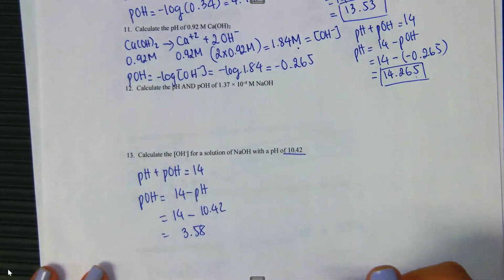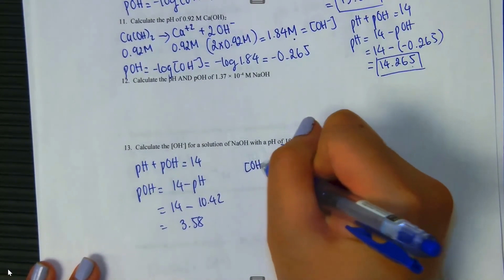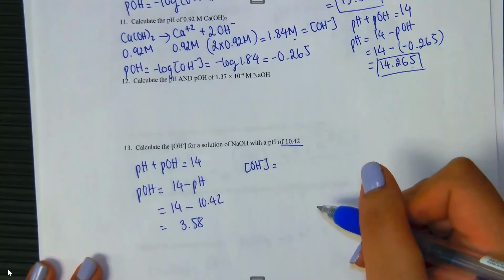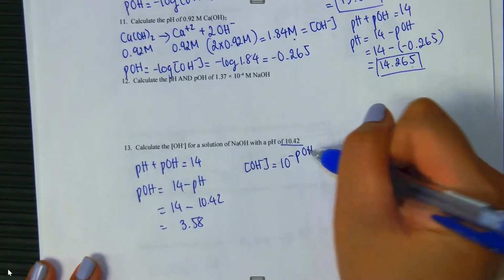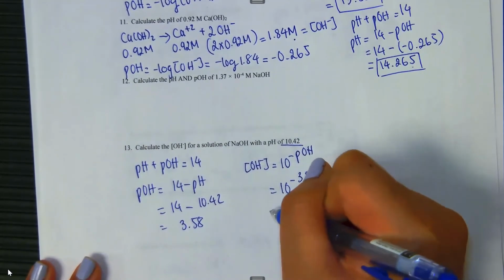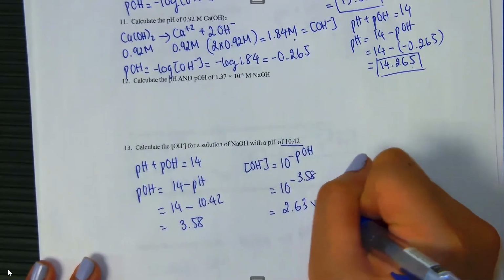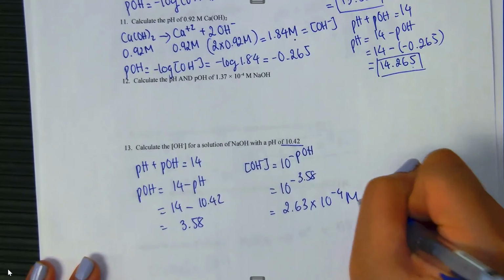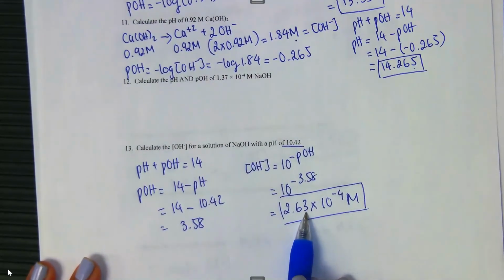Now we can find the concentration of OH minus. So we do 10 to the negative pOH. We just found pOH to be 3.58. And when you punch that into the calculator, you should get 2.63 times 10 to the negative 4 molarity with the correct amount of sig figs.